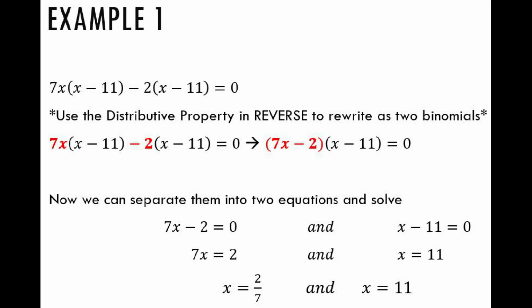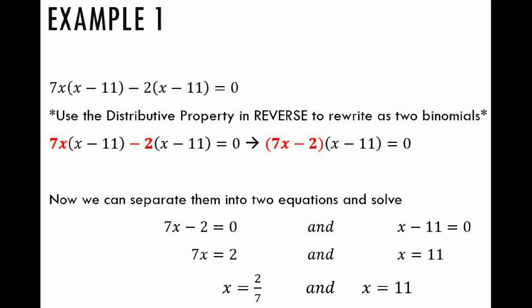So if we break this down, 7x is multiplying x minus 11. Negative 2 is also multiplying x minus 11. So we can take those and put them together since they're both multiplying x minus 11.